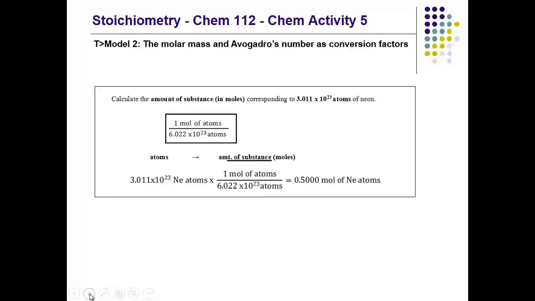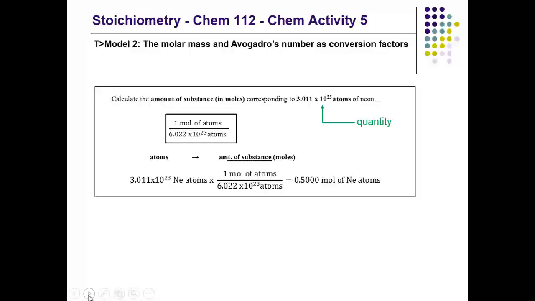In the teaching model number 2, we're going to see how we can use Avogadro's number as a conversion factor. In this case, we're asked to calculate the amount of substance, in the units of moles of course, corresponding to 3.011 times 10 to the 23 atoms of neon. Now I'm showing you all the work here, but I'd like you to see that there, in a sense, are some steps. For instance, it's really helpful, if it is obvious, to identify what the quantity is.